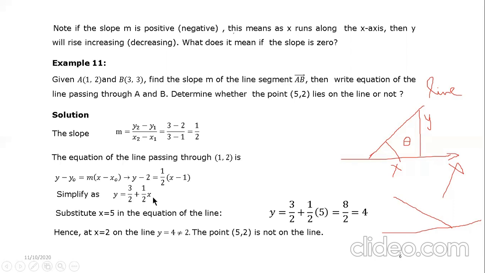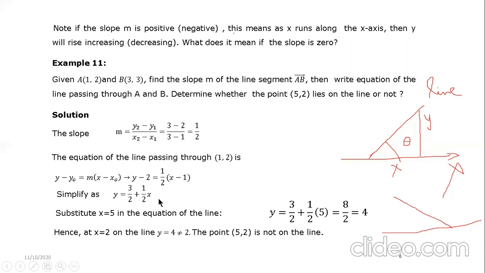If you want to test whether the point 5 and 2 lies on the line or not, we substitute with x or y and get the other value and check if it is the same or not. For example, here y equals 3 halves plus half x.